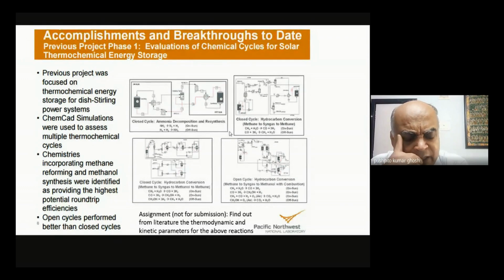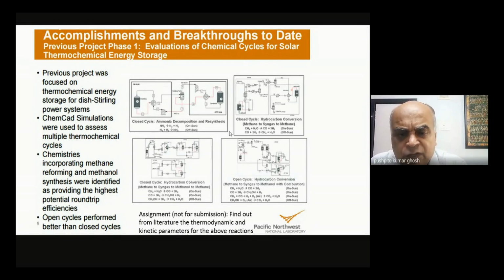Otherwise, I think these schemes are great, and I can tell you that these are the areas where a huge amount of work is going on in the area of renewable energy storage, because people have realized that battery is not the only way to store energy, that there are many other ways.